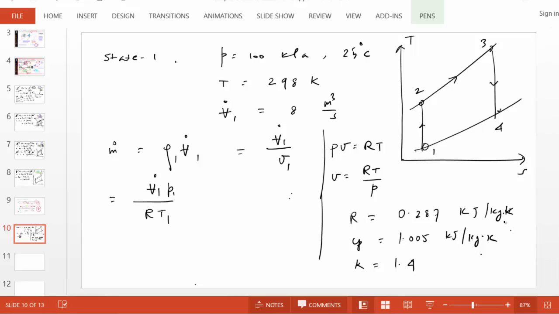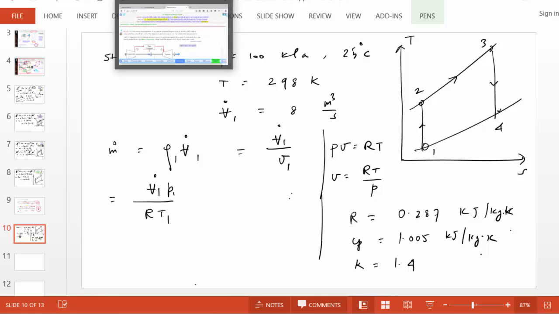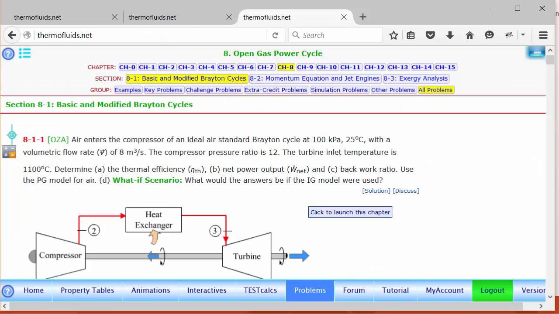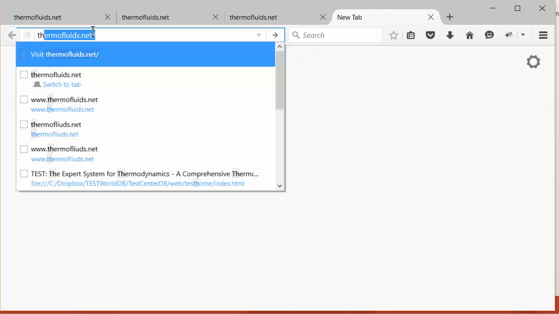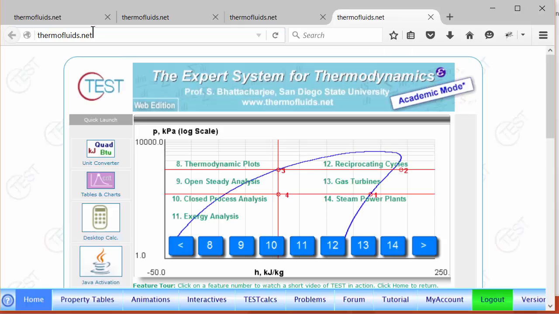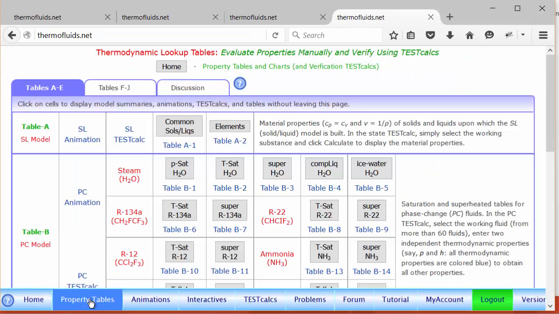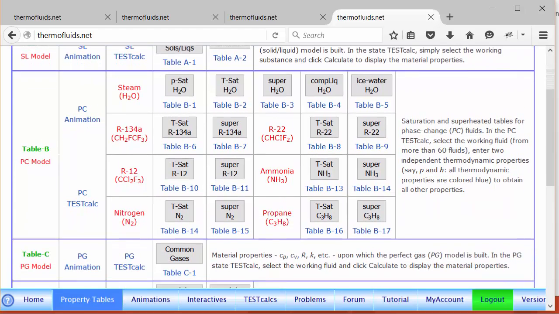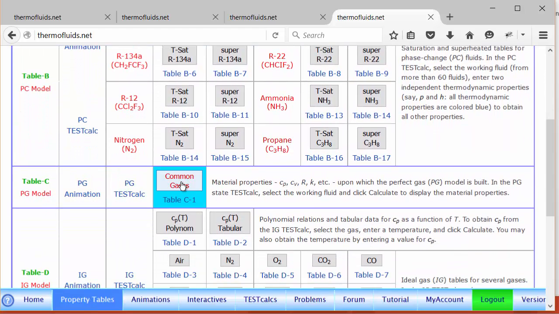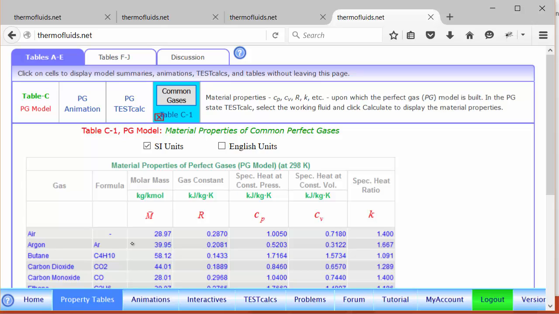Where do you find these values? Of course, you go to the tables module, property tables, and the PG model, common gases, and air should be the first one. You'll find the value of R, Cp, Cv, k right here.